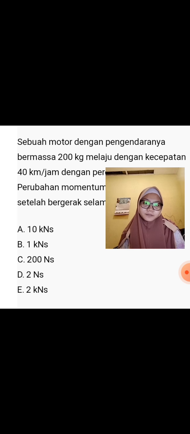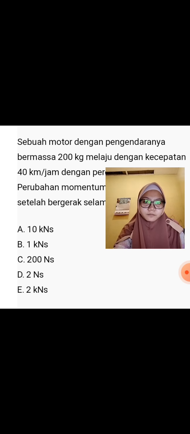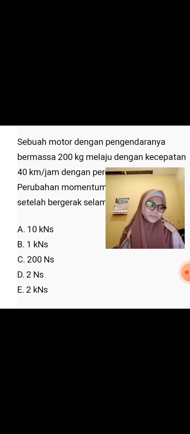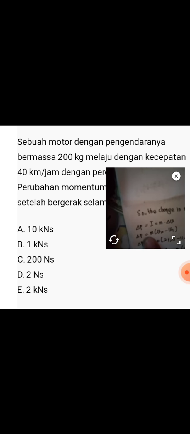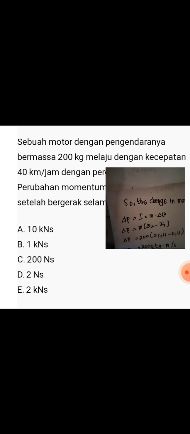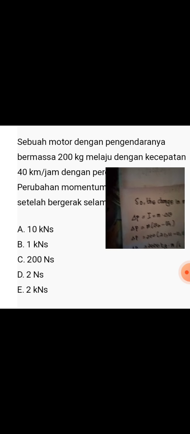So the change in momentum can be obtained by change in p is I, which is m change in v. Change in p is m multiplied by velocity 2 minus velocity 1.